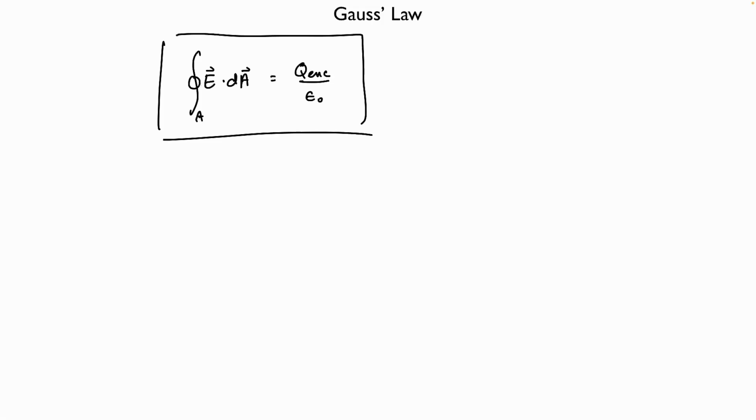What has Gauss just told us? That's Q enclosed. That integral is supposed to turn into what? A number. And what does that number depend on? A charge, divided by something that never changes.